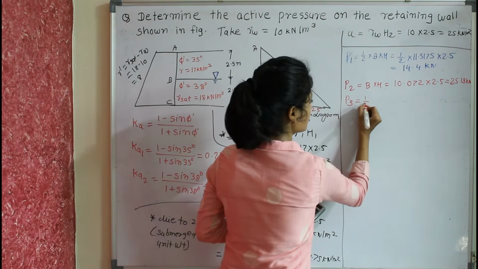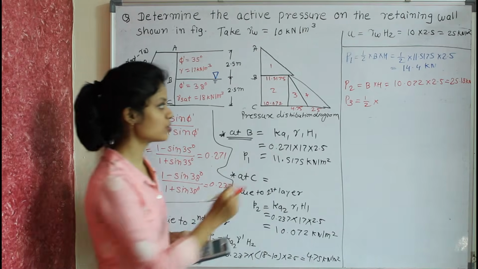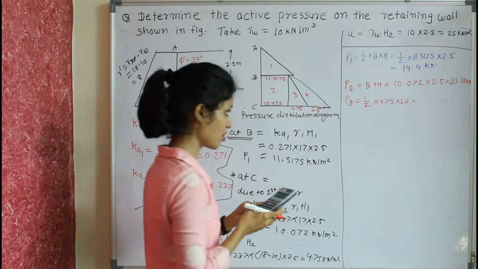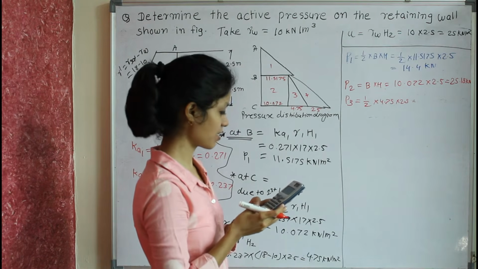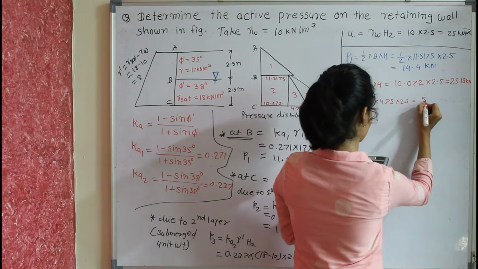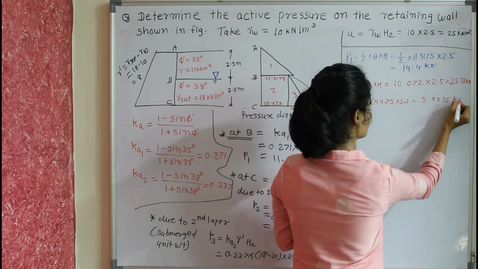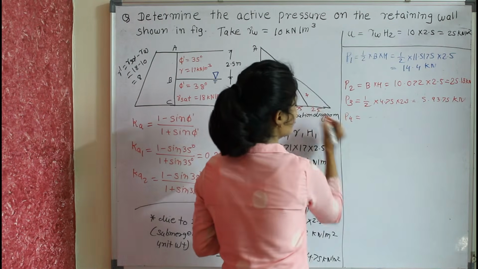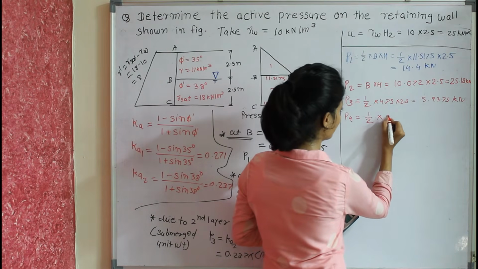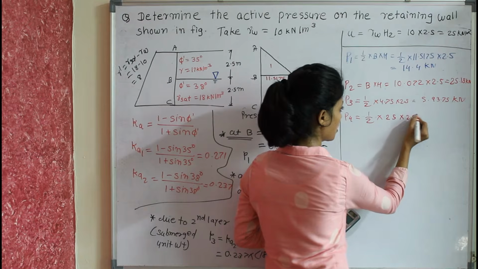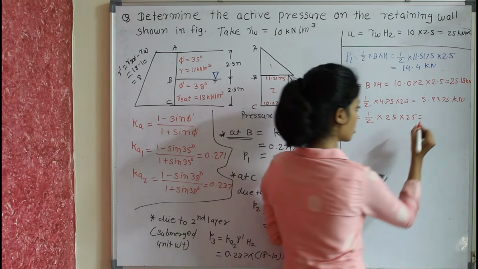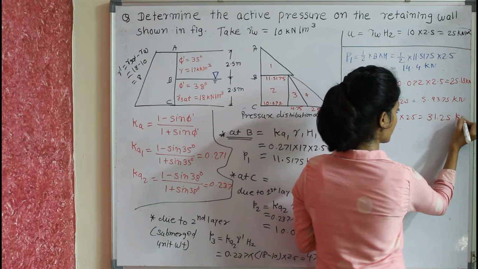Next is P3. Area of third part, half base into height for a triangle: 0.5 into 4.75 into 2.5 equals 5.9375 kilonewton. And P4, fourth part, base for the fourth part is 25 into height 2.5, which is 0.5 into 25 into 2.5, 31.25 kilonewton.